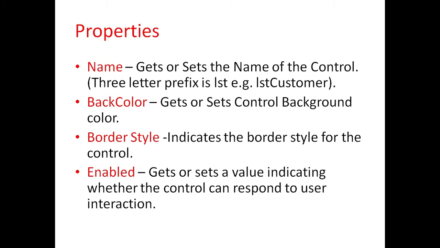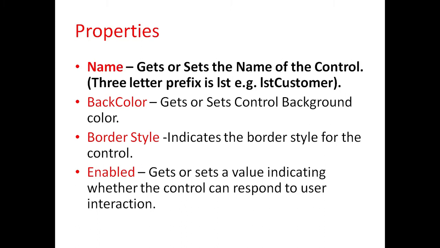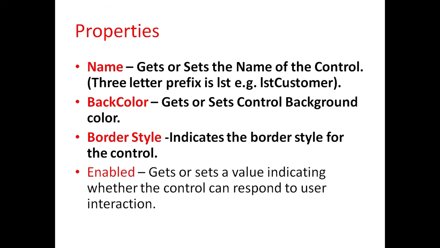The different properties for list box controls are: first is Name, which is used to get or set the name of the control. The three-letter prefix is LST, for example, LST customer. The BackColor property is used to get or set the control's background color. The BorderStyle property is used to indicate the border style for the control.